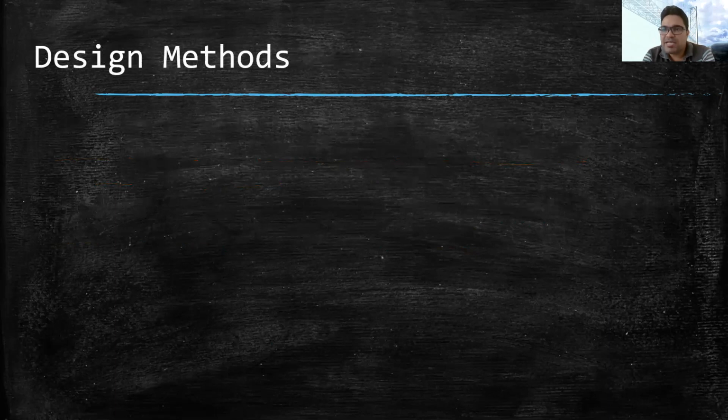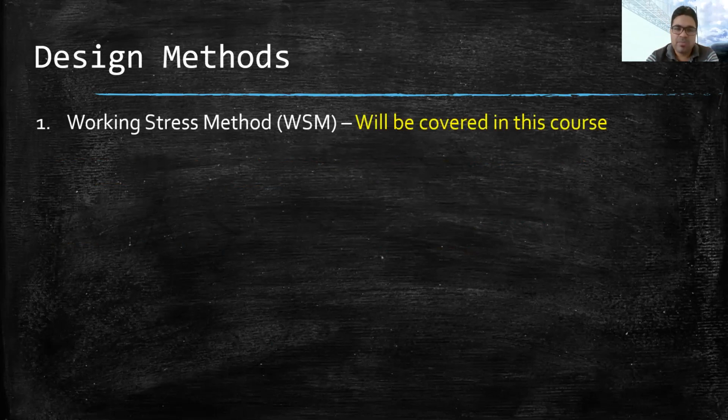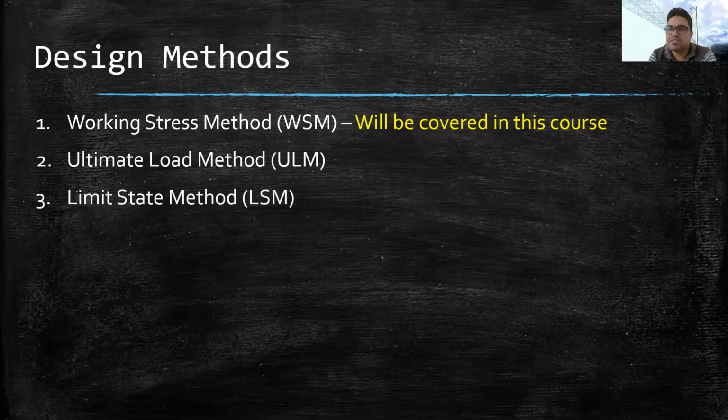There are some design methods that are used to design structures, and those methods are working stress method, ultimate load method, and limit state method. In our course, we will be covering the working stress method. Ultimate load method is the next development after the working stress method, and limit state method is the method which is more rational.